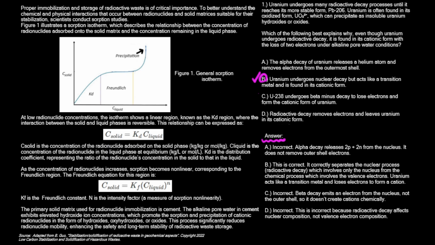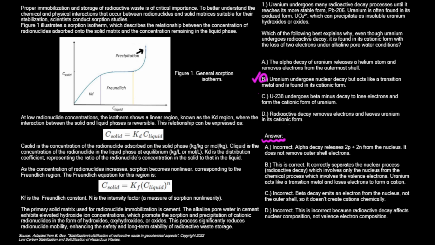As you saw, options A, C, and D all focus on similar ideas. Answer choices A and C incorrectly combine specific types of radioactive decay with the loss of outer shell electrons. Answer choice D is also incorrect because it suggests that all forms of radioactive decay involve changes in valence or outer shell electrons, which is not true.